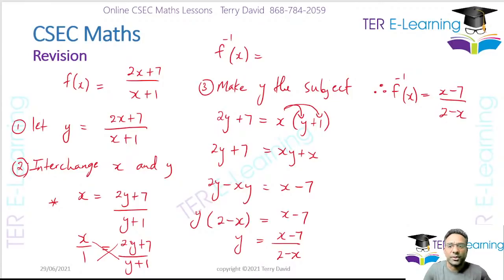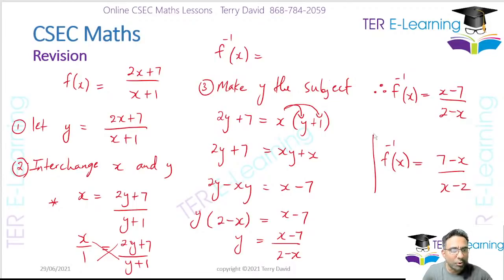Now, one thing I want you all to remember, sometimes, depending on how you rearrange the equation, you can get an answer that is slightly different, right? And it depends on how you rearrange the equation, right? So let's say somebody could have gotten an answer that looks like this, 7 minus x over x minus 2.